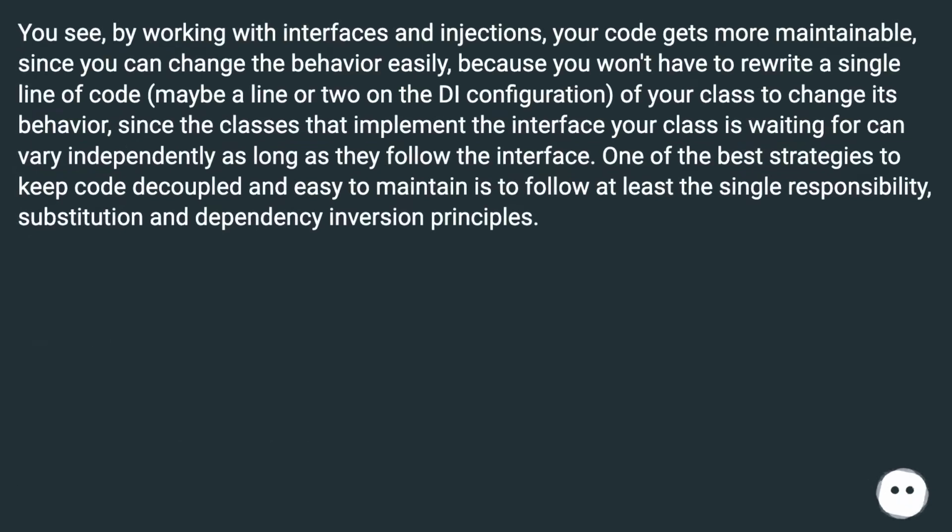You see, by working with interfaces and injections, your code gets more maintainable, since you can change the behavior easily, because you won't have to rewrite a single line of code, maybe a line or two in the configuration of your class to change its behavior, since the classes that implement the interface your class is waiting for can vary independently as long as they follow the interface. One of the best strategies to keep code decoupled and easy to maintain is to follow at least the single responsibility, substitution, and dependency inversion principles.